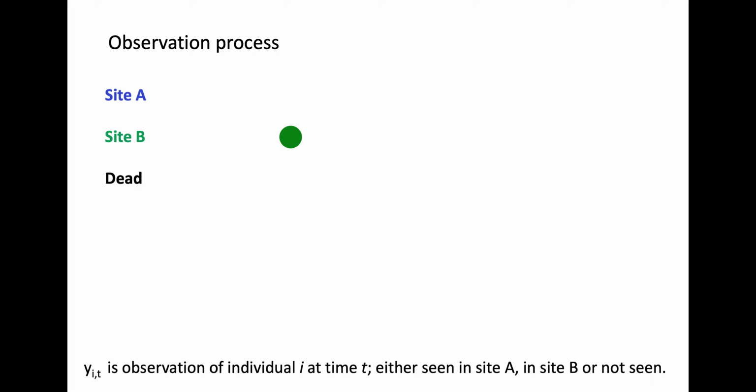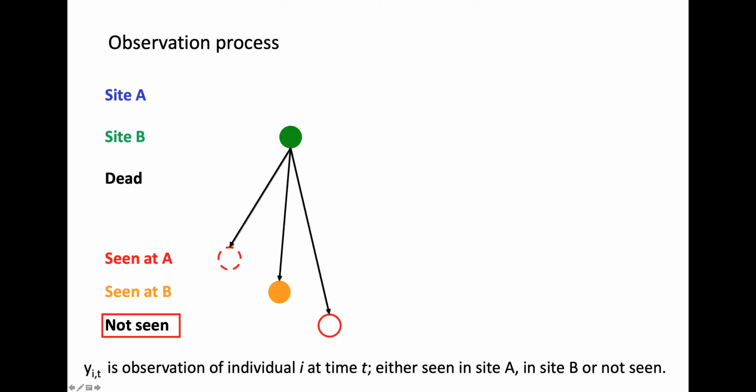It's not the state, it's the observation process here. Then given that you are alive at time t inside B, you don't have so many options. You cannot be detected inside A because you are alive inside B. So the only option is to be either detected inside B with some probability, the probability of detection and alive inside B, or not being detected.